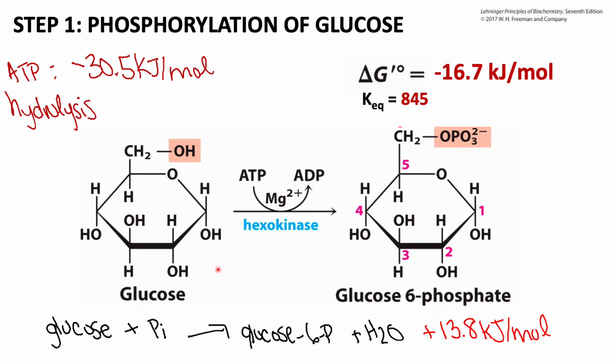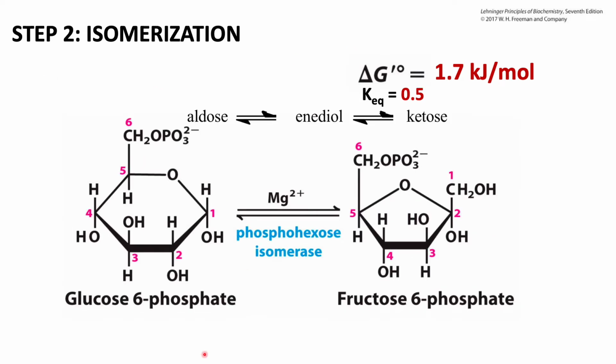So the first step, phosphorylating glucose to signal to the cell to break it down. We need ATP because we want to phosphorylate. We need phosphate from somewhere, and we're getting it from ATP, and this reaction is exergonic because of that ATP hydrolysis. Now in step 2, it undergoes an isomerization reaction because glucose 6-phosphate is of no use to us.